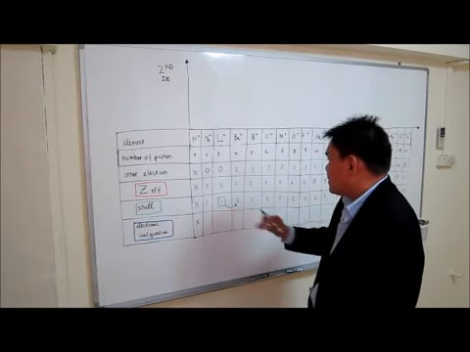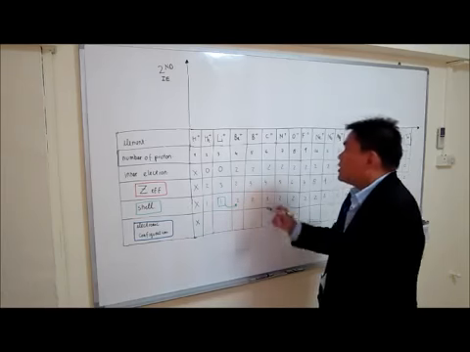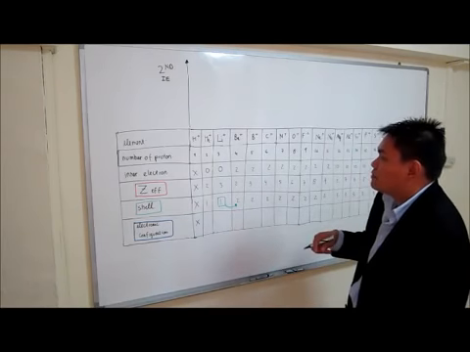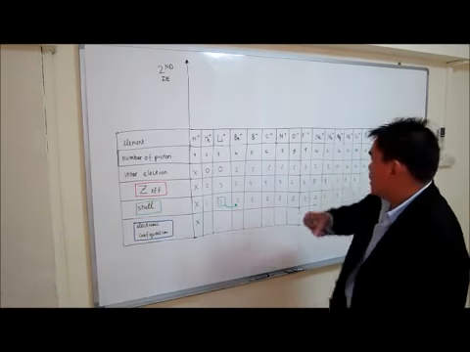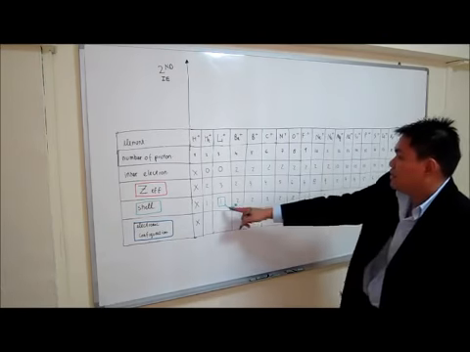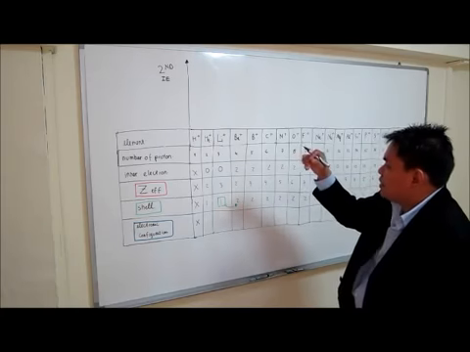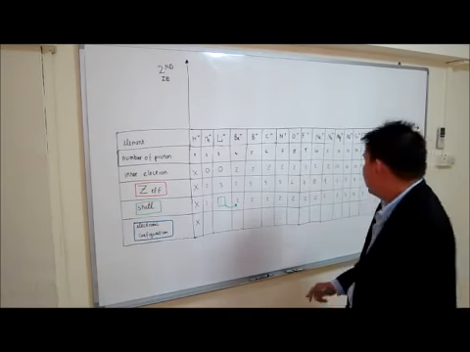So we mark this with the green arrow. This green arrow represents a big drop of second ionization energy. So from lithium to beryllium, Li+ to Be+, there will be a very significant decrease.